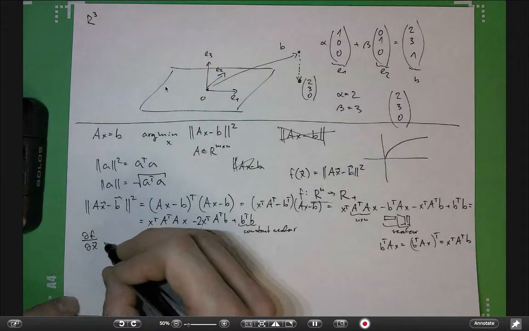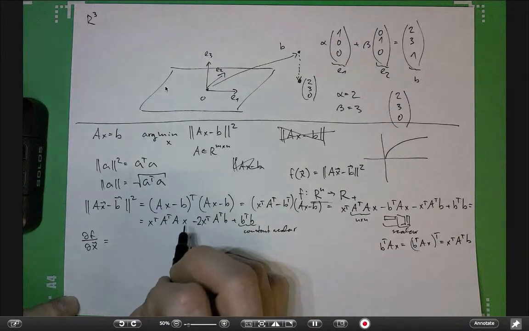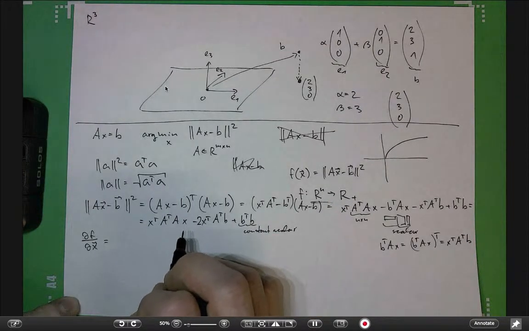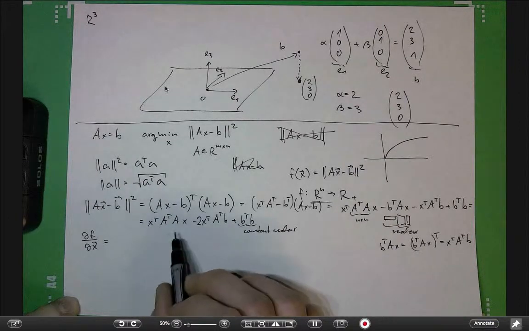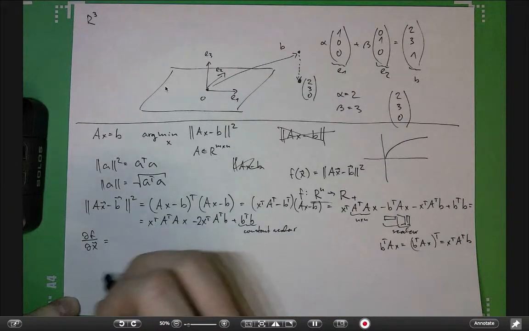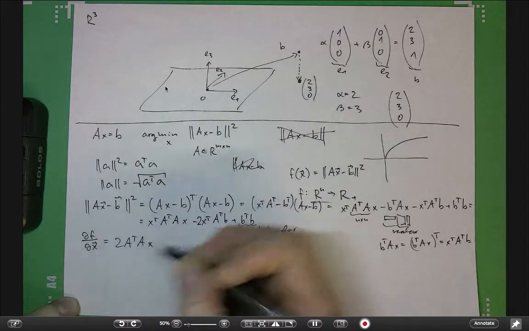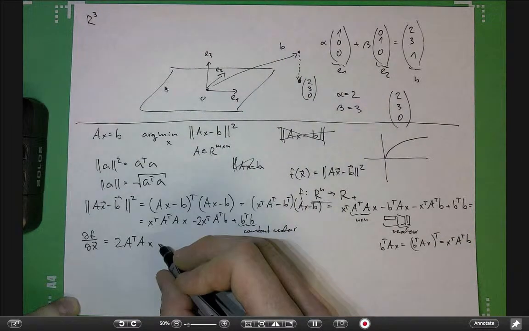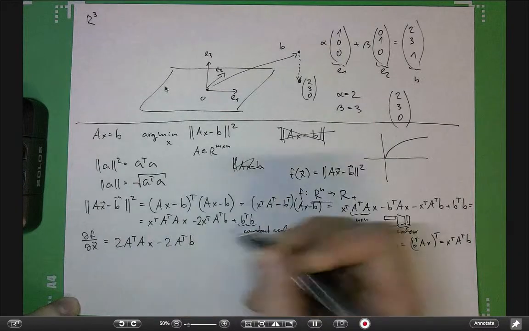Well, let me just write the gradient. It's similar if you know differentiation. Well, you probably don't. You said you don't have a lot of calculus. But it's similar to differentiating just univariate functions. Anyway, the result is this: 2A^T A x, it's actually relatively simple, minus 2A^T b.